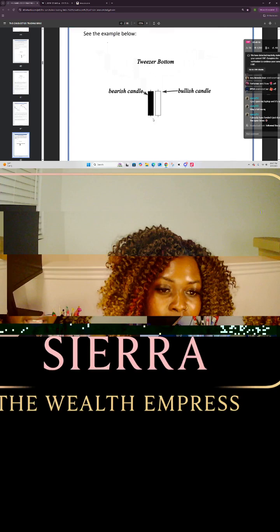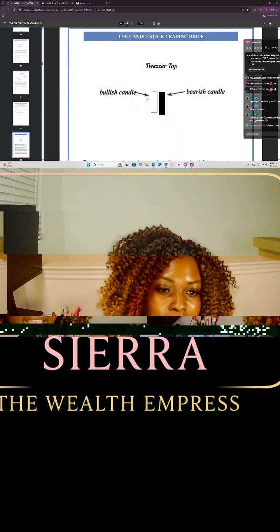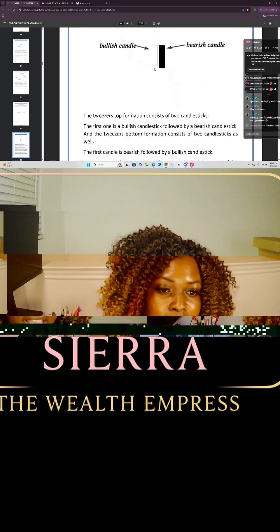So this is a bearish candle and a bullish candle, okay, and they're similar to each other. So a bearish candle and a bullish candle at the bottom of the trend would signal an uptrend. All right, and then a bullish candle and a bearish candle, which is a tweezer top, would happen at the top of the trend, and it will signal a downtrend.